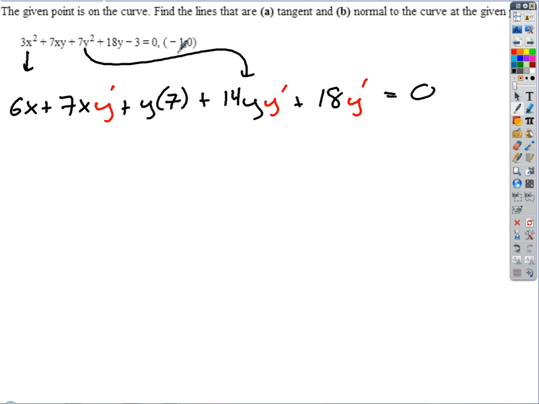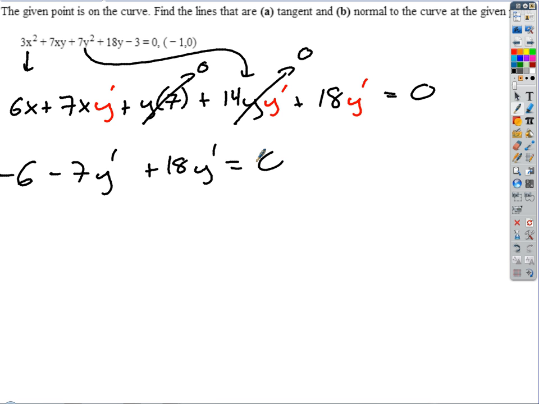So if we plug -1 in for x and 0 in for y, this term becomes -7y prime. The others are going to 0 because they've got a y in them. Did everybody see that? That's pretty easy to solve then, isn't it?